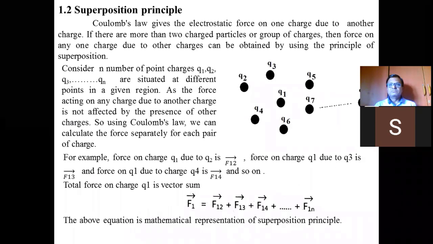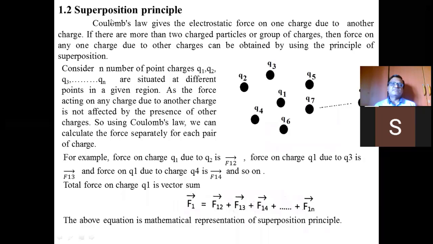Then we have to consider the superposition principle. Now, by using Coulomb's law, we are going to calculate force between two charges. Suppose Q1 and Q2 are two charges and they are separated by some finite distance r.